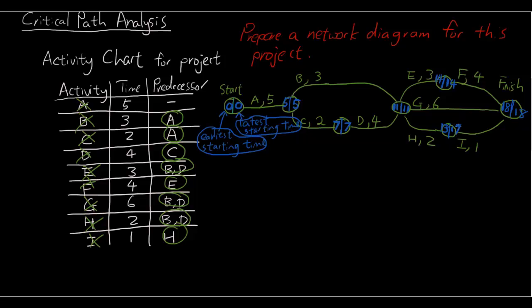So I'm going to put in the number 17 here. Until the 17th minute, and then do activity I, because I only takes 1 minute, and we will still get to the finishing point on time. So this node is actually the only node where we have a different earliest starting time and latest starting time.